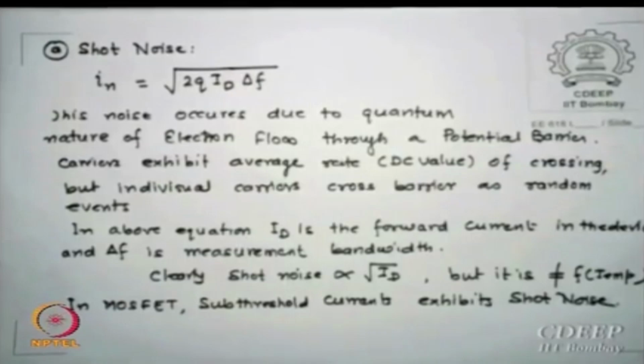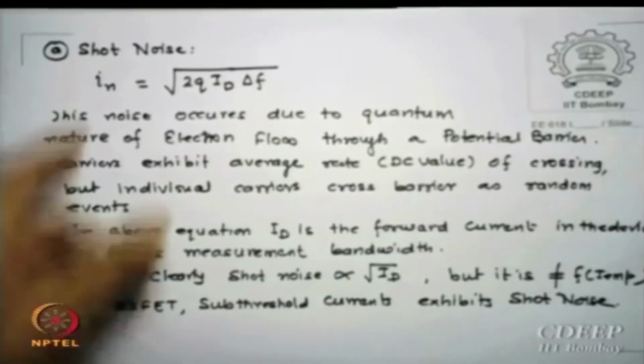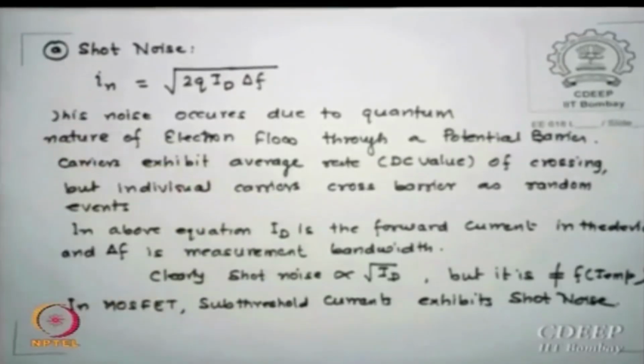Okay. In the above equation, the shot noise equation, IN is the current noise source, which is 2qID delta F, and in the above equation ID is the forward current of the device, the barrier about which you are talking, and delta F is the bandwidth of noise measurement.